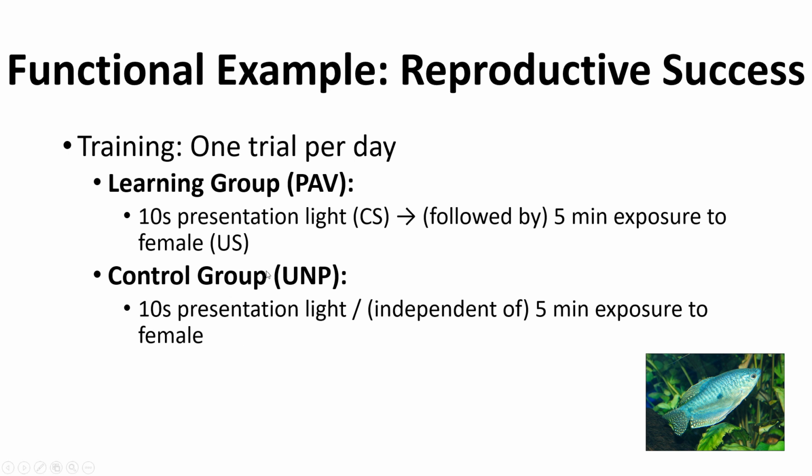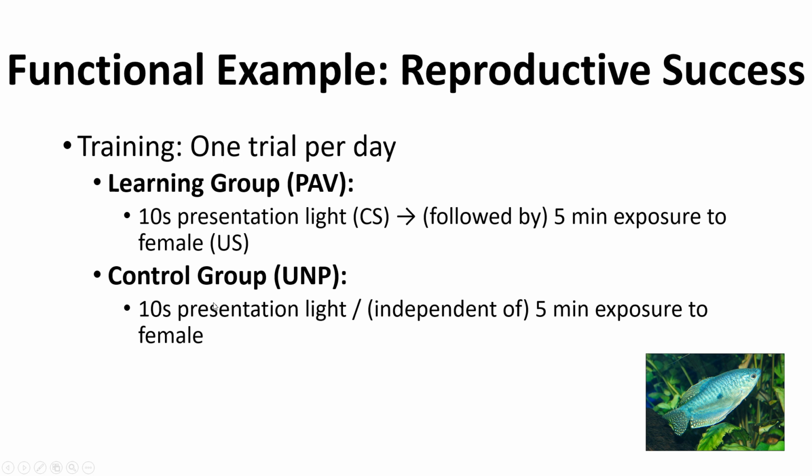For our control group, the unpaired control group specifically, they had 10 seconds of presentation of a light, but it wasn't immediately followed by exposure to the female. In this case, the presentation of the light was independent of exposure to the female. So there's no association here because the stimuli weren't paired.